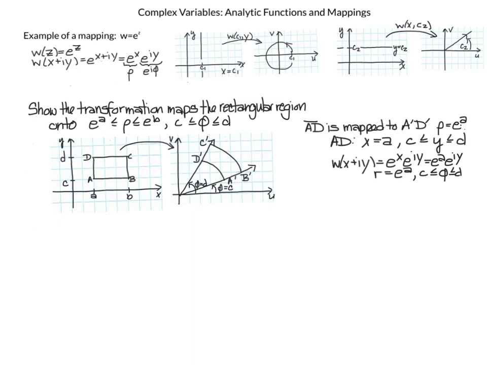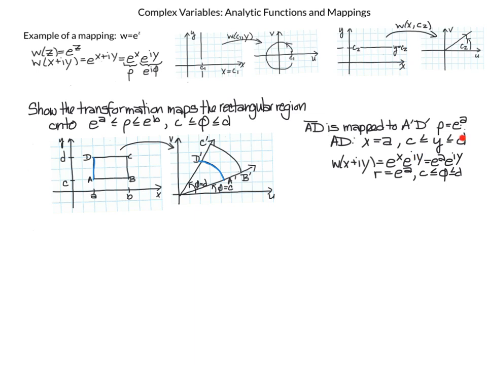So I'll highlight that in blue. AD, what we want to show is that AD is mapped to this curve AD. We start by looking at AD, and we see that the x value at AD is equal to little a, and y varies from c to d. Now we look at w of x plus iy, that's equal to e to the x, e to the iy. So I rewrote that here.